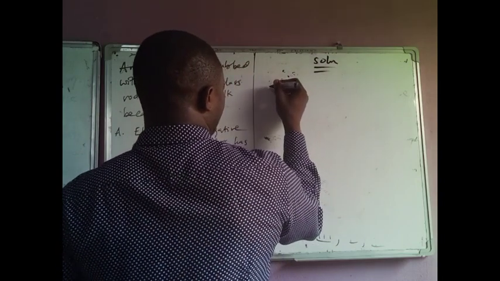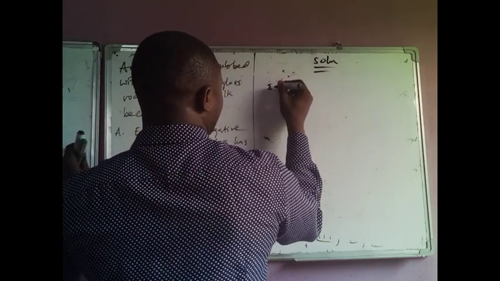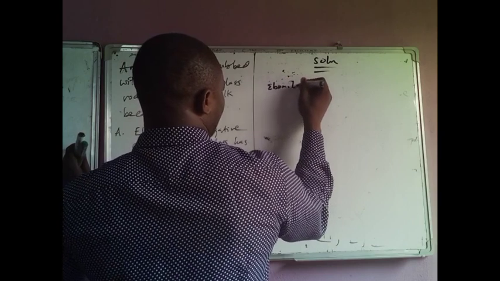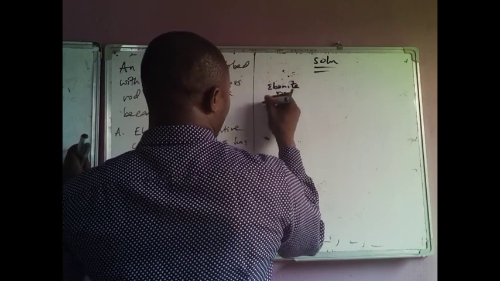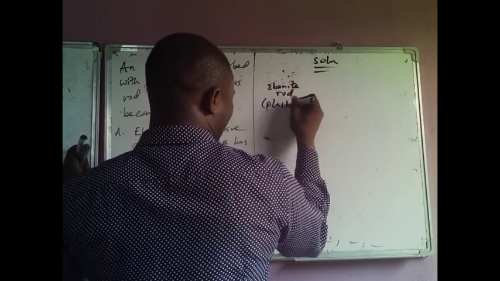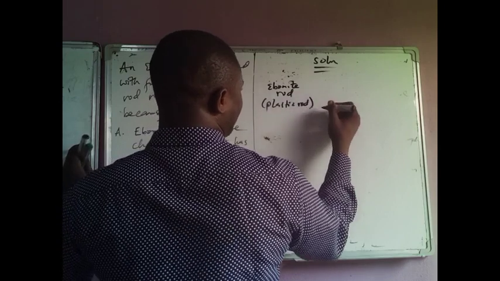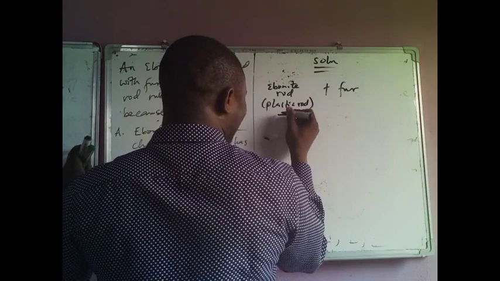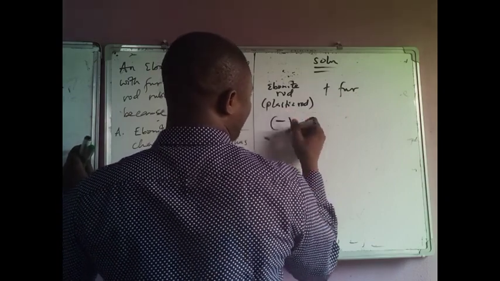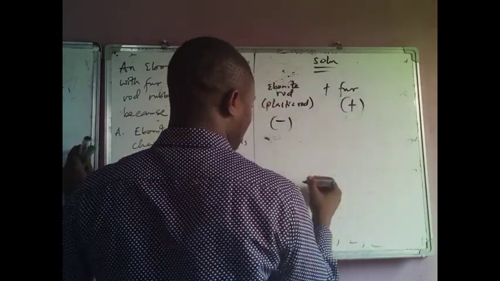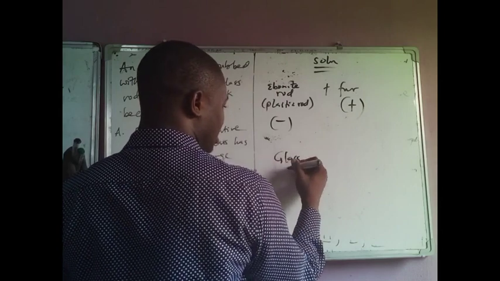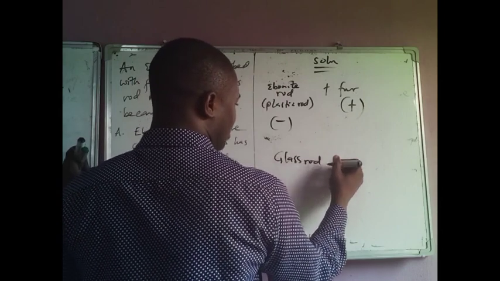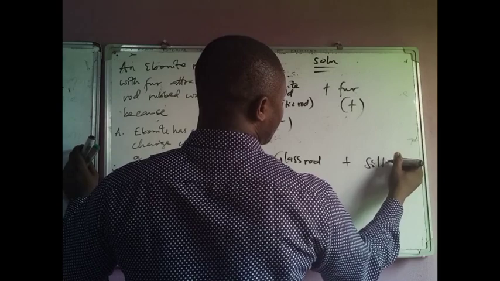When you say ebonite, or what you call a plastic rod, as I've given before, plus fur. The ebonite is negatively charged at the end of the process, while the fur is positively charged. So we have a glass rod plus silk.